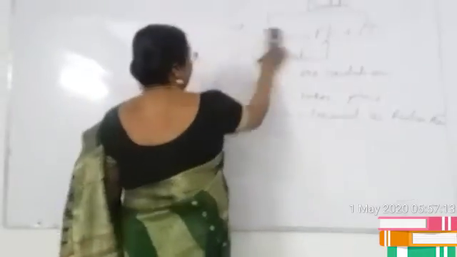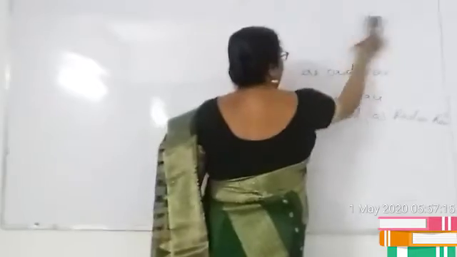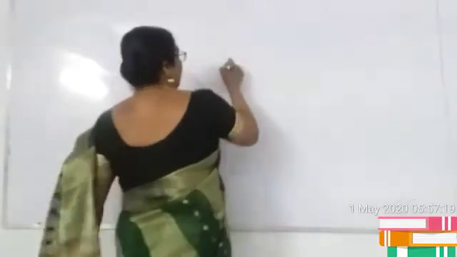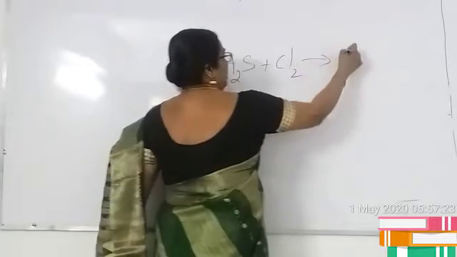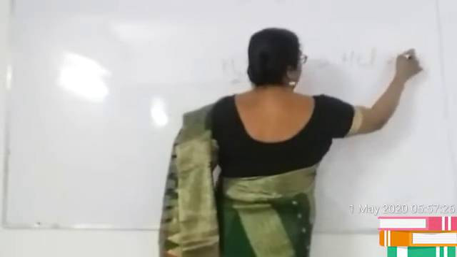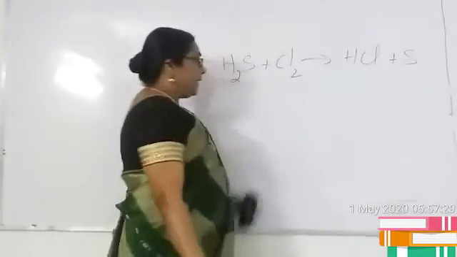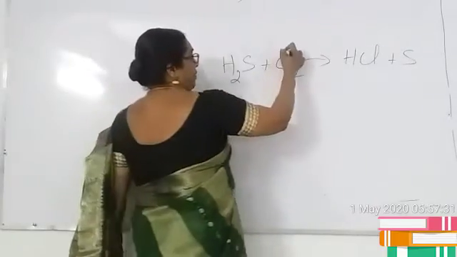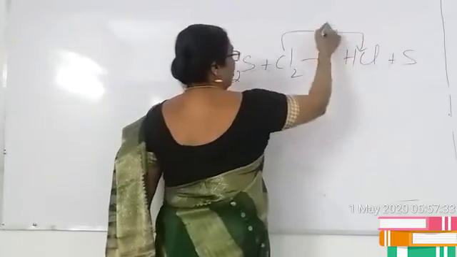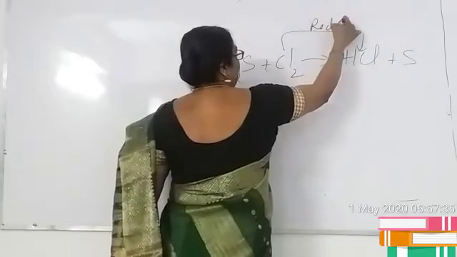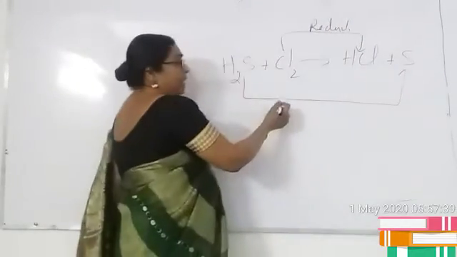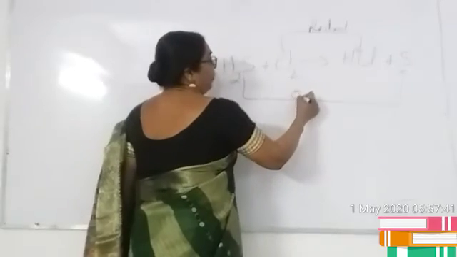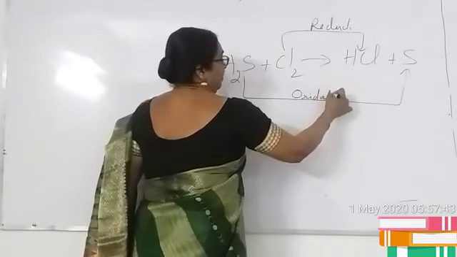Now let us consider another example of a redox reaction. Hydrogen sulfide combines with chlorine and produces hydrogen chloride and sulfur. Again consider this reaction. It involves addition of hydrogen, which is termed reduction, and hydrogen sulfide converts to sulfur, which is removal of hydrogen, that is oxidation.